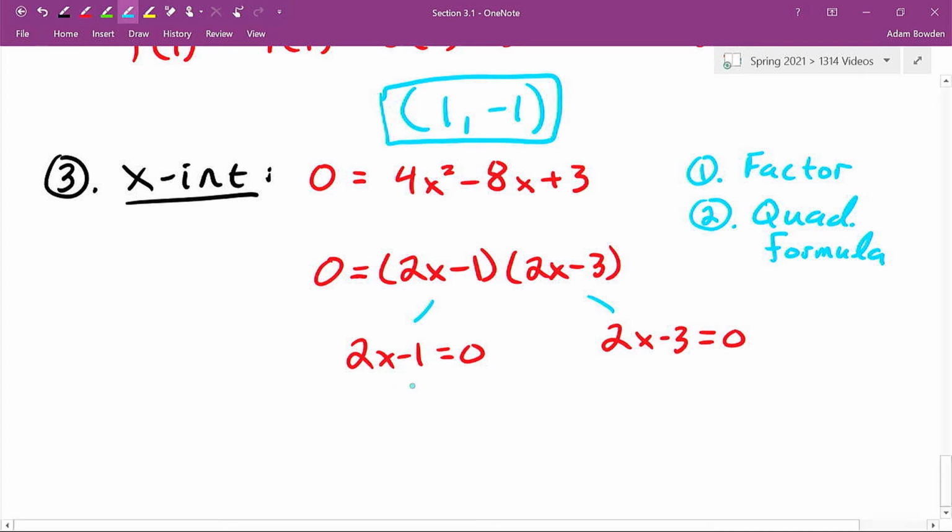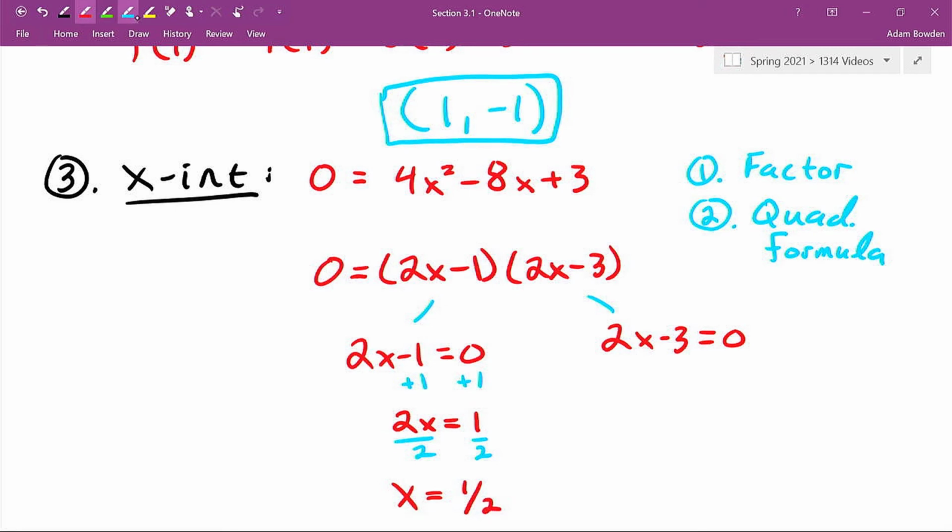And then we just have to solve for x. I'll add 1 over, 2x equals 1, divide out the 2. So we'll get one solution of x equals 1/2. On the other one, we'll add the 3 over. We'll have 2x is equal to 3. Divide by 2.